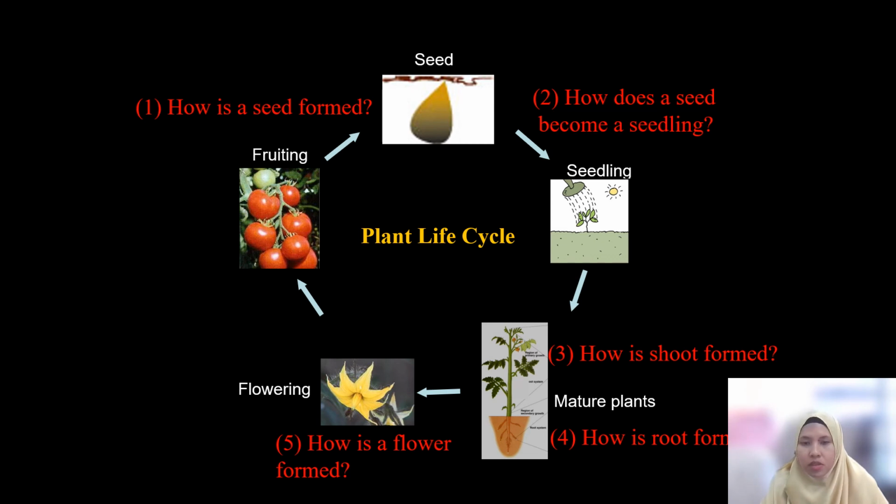So the germination process tu, it means that from the seed tu dia akan break out, dia akan keluar lah the shoot and also the root. So how to tell the seeds that okay, it's now your turn, break out and then germinate into a seedling. So there are a few things, the water uptake.